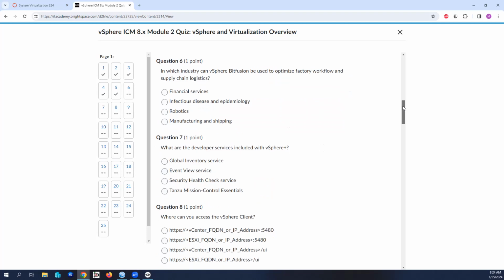Number 6. In which industry can vSphere Bitfusion be used to optimize factory workflow and supply chain logistics? So you could definitely search for Bitfusion. What industry deals with supply chain? You know, manufacturing and shipping.